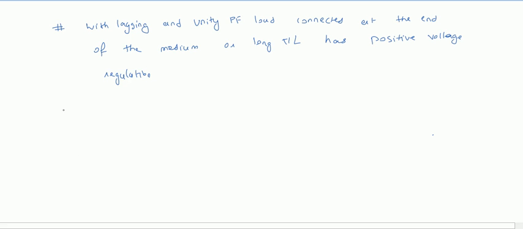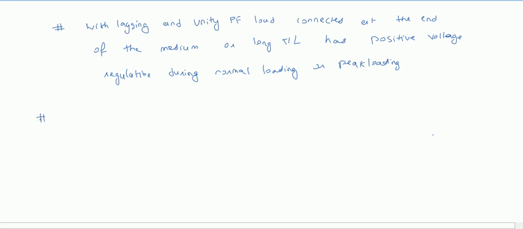Okay, so during normal loading and peak loading, you can say. Because there is a condition where there is no load, and sometimes on a long transmission line the receiving end voltage becomes higher; we will see that too. So during normal loading and peak loading, this condition is always true: with lagging and unity power factor load connected at the end of the transmission line, it will have positive voltage regulation.